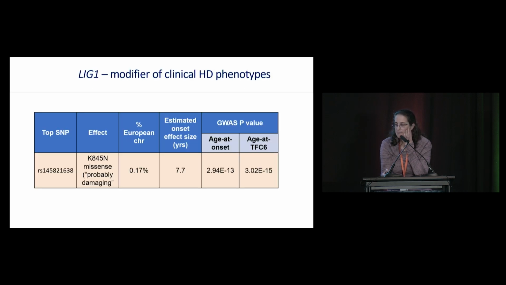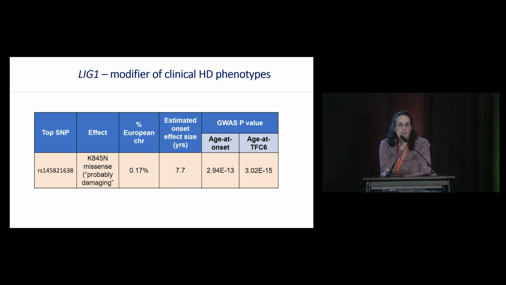One of these that we're looking at is LIG1, and there are several haplotypes of LIG1 in the human modifier data, but this is one of them. It is a missense mutation, K845N. It's very rare, but it has a very large effect on delaying onset.